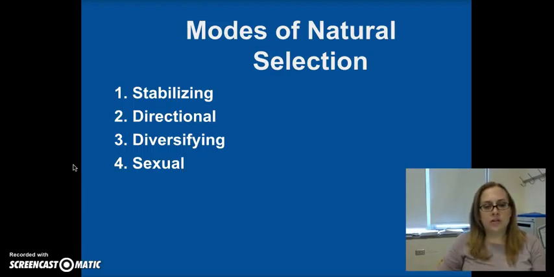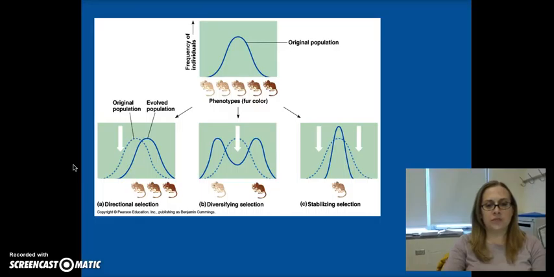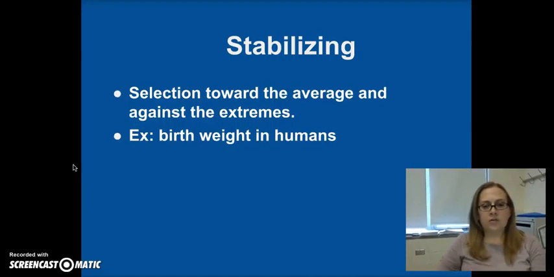Modes of natural selection, we've got stabilizing selection, directional selection, diversifying, and then sexual selection. And so we're going to first talk about stabilizing selection, and this is actually going to be selection towards the average and against the extremes. So a good example here is birth weight in humans. You tend to see babies being born within that 6 to 8 pound range.